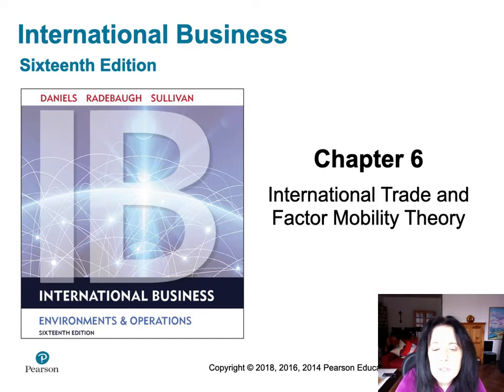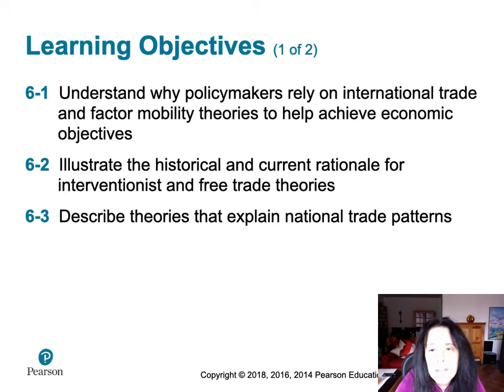Today we're covering Chapter 6, which is going to be about international trade and factor mobility theories. So basically in this chapter we will be looking at the theories of trade that explain different growth or development patterns, okay?